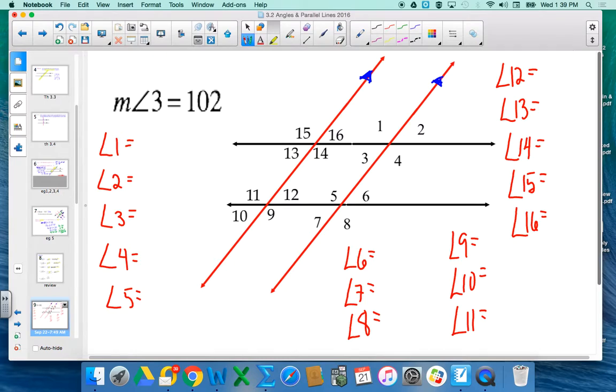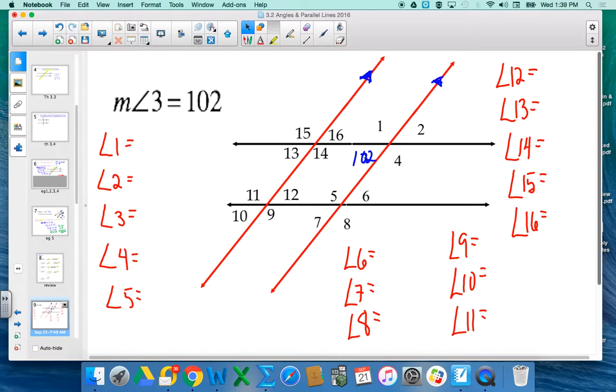Alright, so we know that this angle is 102, excuse me. The other class went to 103. Okay.